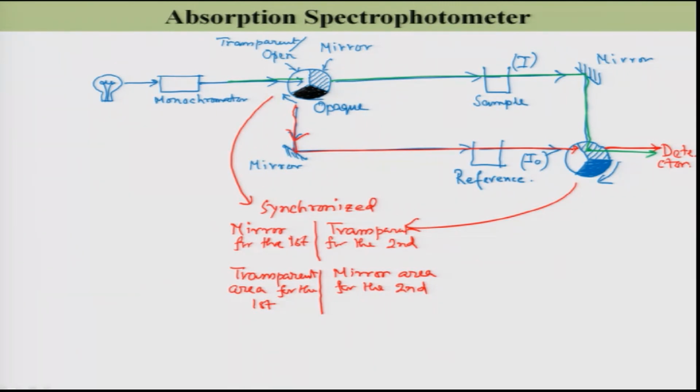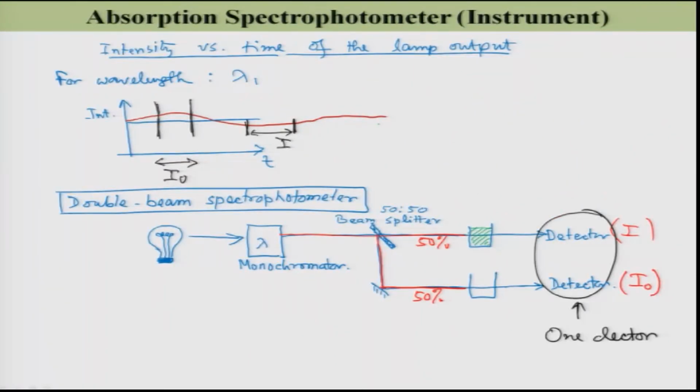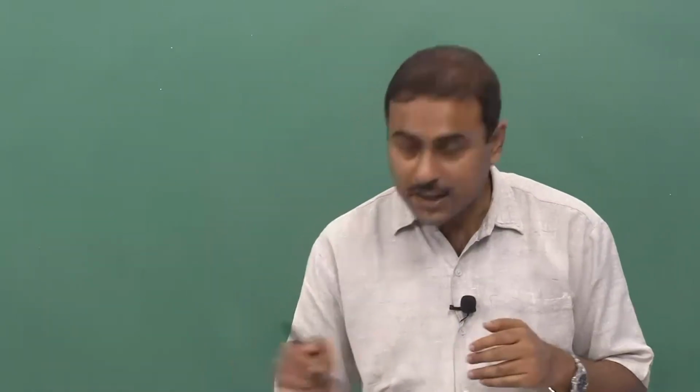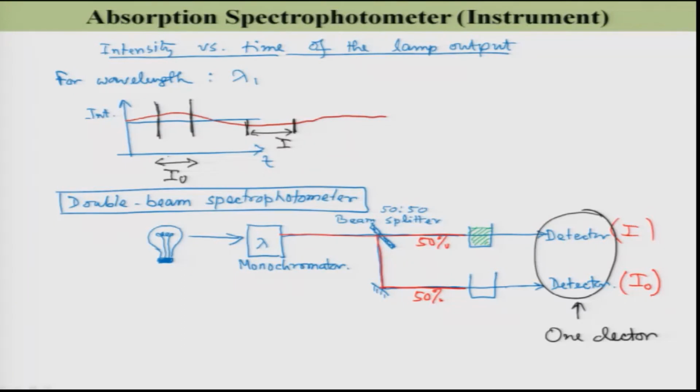Here these two rotating mirror systems are rotated at high speed, so that in this graph, in real time, the measurement windows of I0 and I are really small, and you are repeating this measurement many times. So, for example, earlier for the single beam spectrophotometer, this was your measuring window for I0 and I was over here, right.